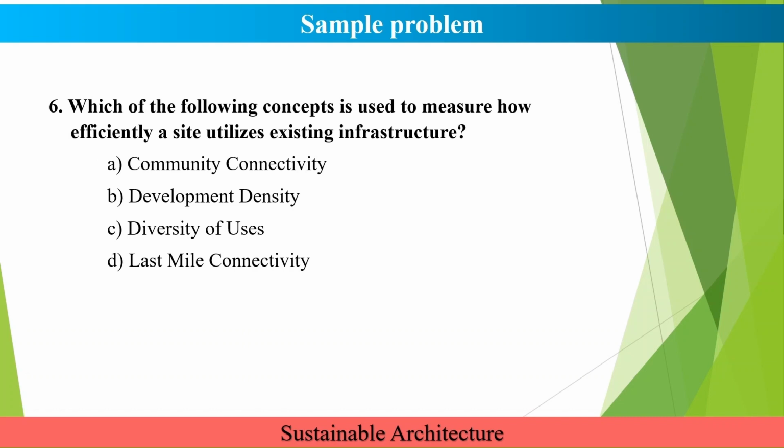Question number 6. Which of the following concepts is used to measure how efficiently a site utilizes existing infrastructure? Community connectivity, development density, diversity of uses, last mile connectivity.